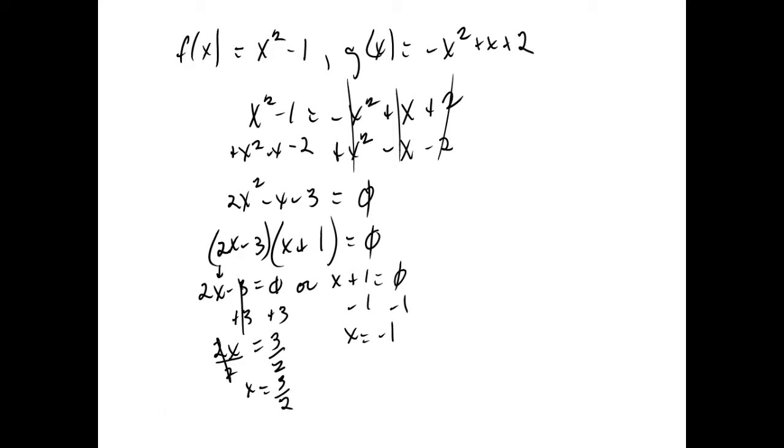Let's see what happens when we plug in here. What's 3/2 squared? 9/4. Negate that. Negative 9/4 plus, how many fourths is 3/2? 6/4. Okay, so you have the negative 9/4 plus 6/4.